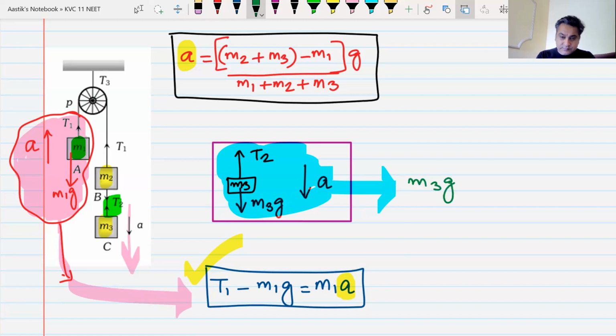M3G moving downwards minus T2 will be equal to M3 into A. You must remember that you have already calculated the value of A. Do we understand this?